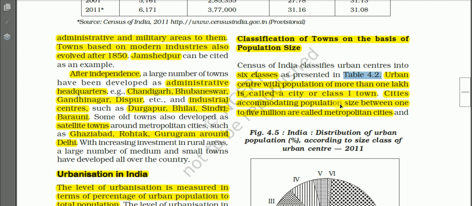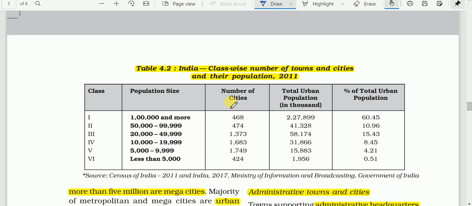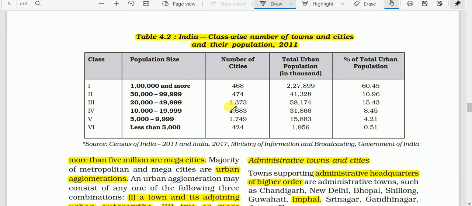See, so we may read. Table number 4.2 is here. This table shows the classification of towns on the basis of population size, and here we have the classes of towns. So we have 6 classes of towns based on the size.